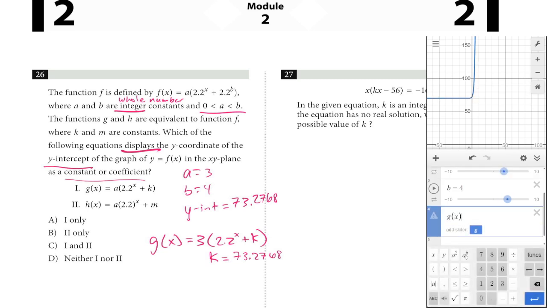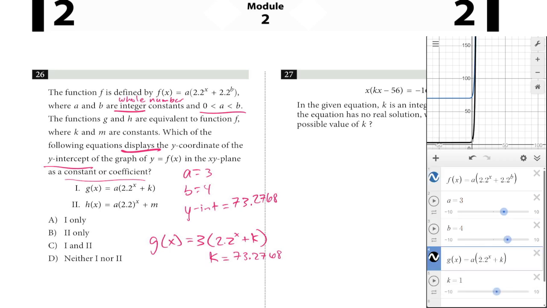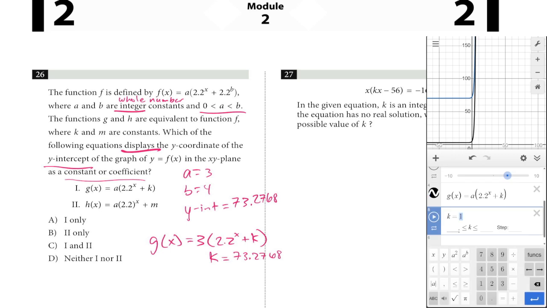We're going to do g of x equals a times 2.2 to the power x plus k. Below it, we hit add slider for k. And what did we say k has to be? It has to be 73.2768.